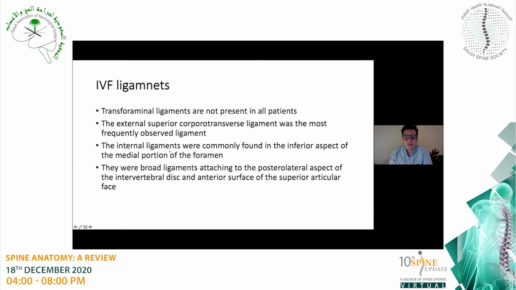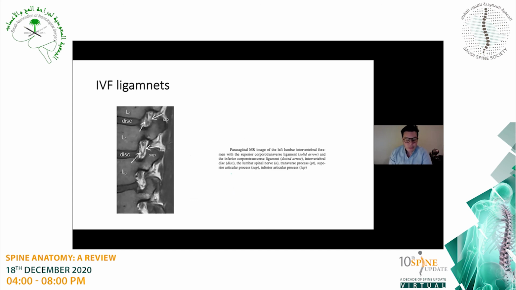The internal ligaments were commonly found in the inferior aspect of the medial portion of the foramen, and I will show you a picture about it. There were broad attachments to the posterior aspect of the intervertebral disc and the anterior surface of the superior articular process. We will see it now.